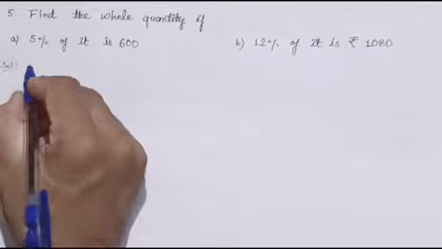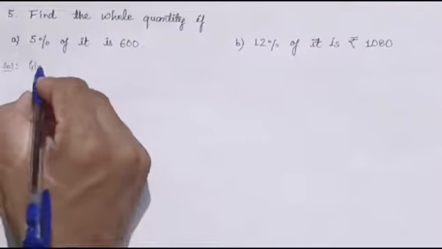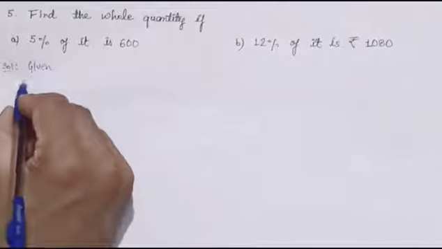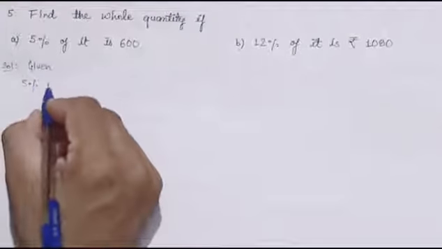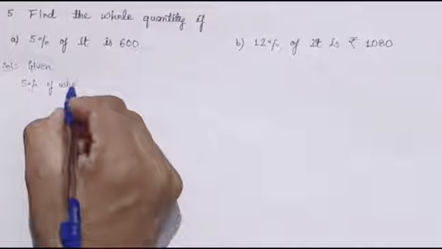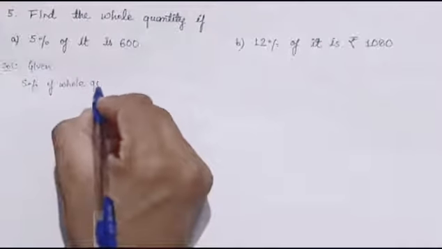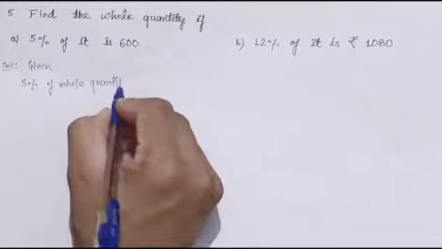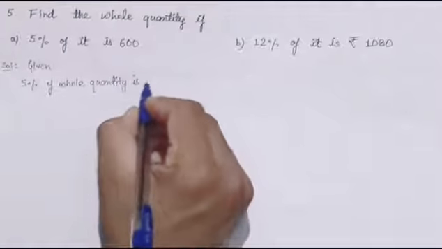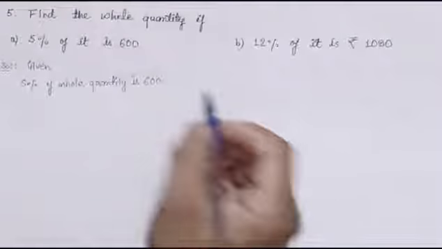So here we have given that 5% of whole quantity is 600.